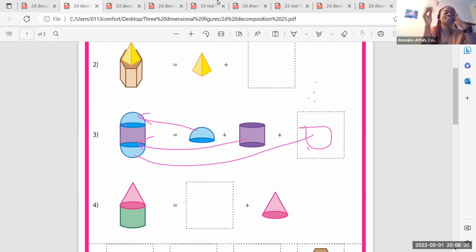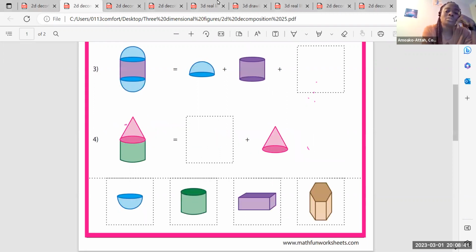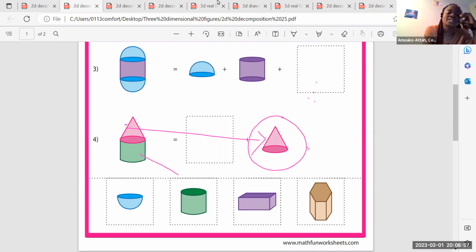That is what we are missing. Then the next one, again we have the pyramid. Oh, sorry, this will be a cone. And we have the cylinder left out. You have the cone and the cylinder left out.